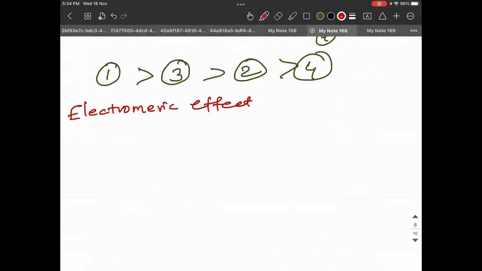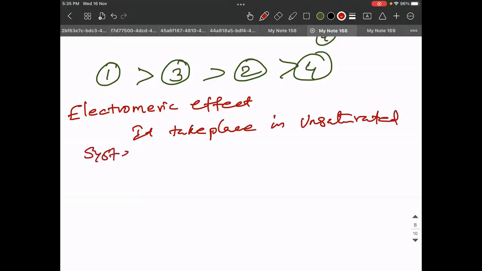This effect takes place in the presence of an unsaturated system. That means it should contain a carbon-carbon double bond. X may be oxygen or nitrogen or carbon, anything.